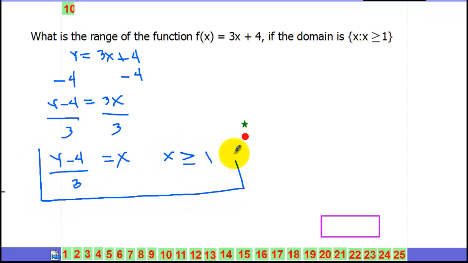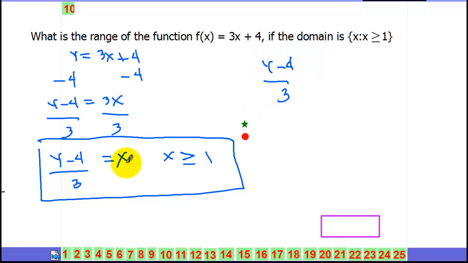So connecting this equation with this inequality, we can say that y minus 4 over 3 is equal to x. But this x is greater than or equal to 1. So we can say that y minus 4 over 3 is greater than or equal to 1.